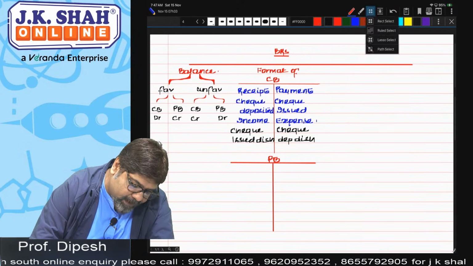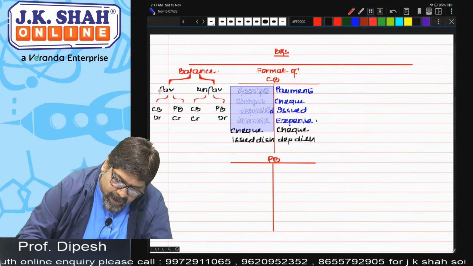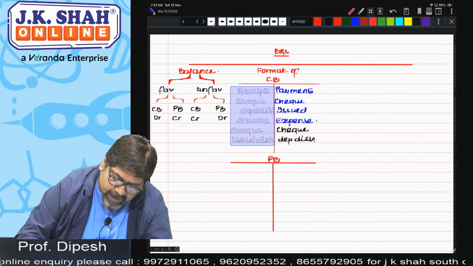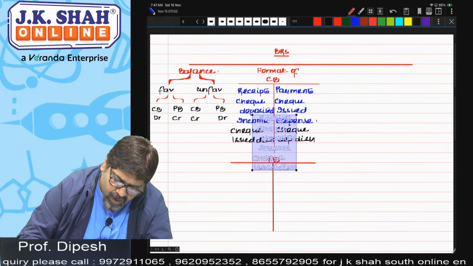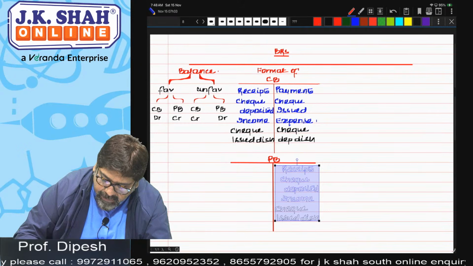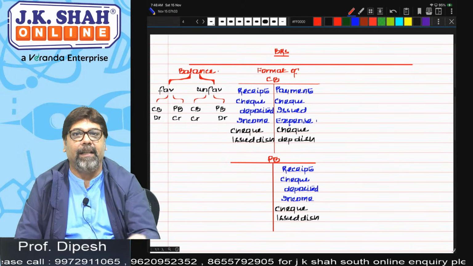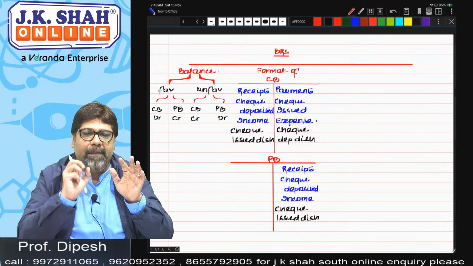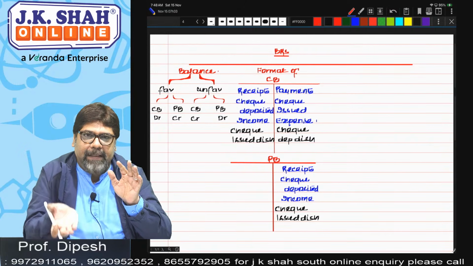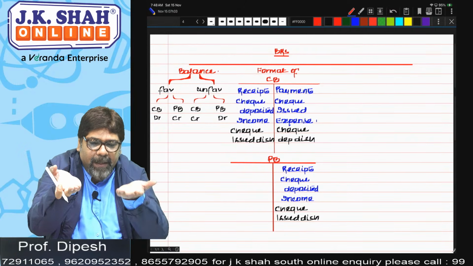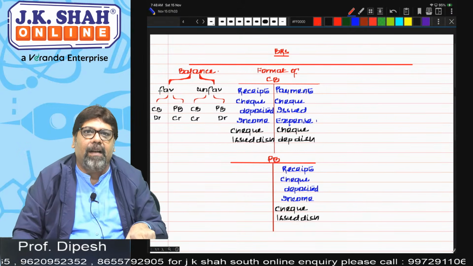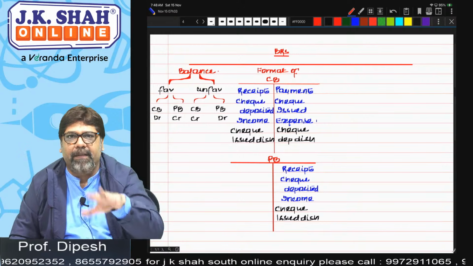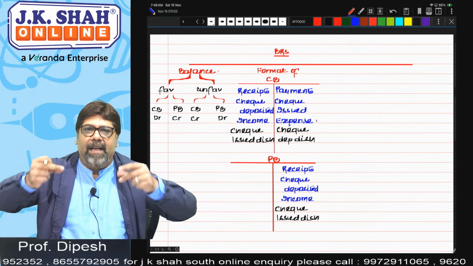Whatever money we are deposit is an increase in asset for us, but for the bank it is an increasing liability. So when we deposit money into the bank, our asset is increasing and the bank's liability is increasing. So whatever we write on the debit side, the bank will write on the credit side. Whenever we deposit a check, we believe our bank balance is increasing.